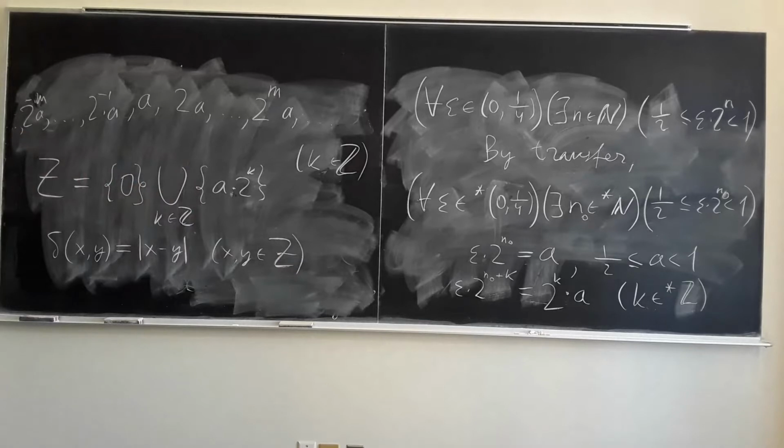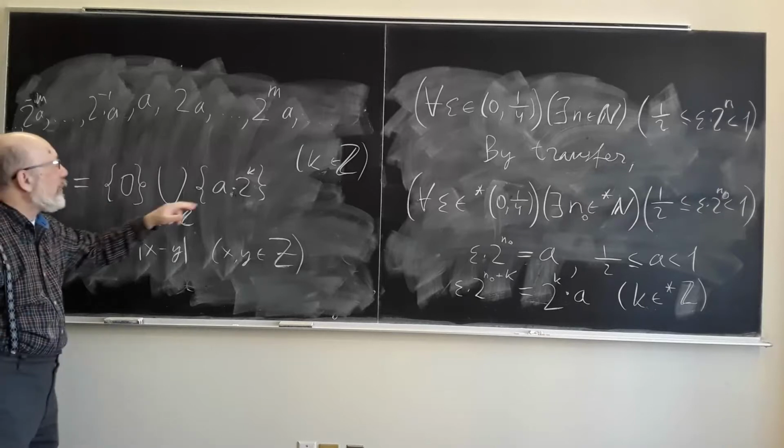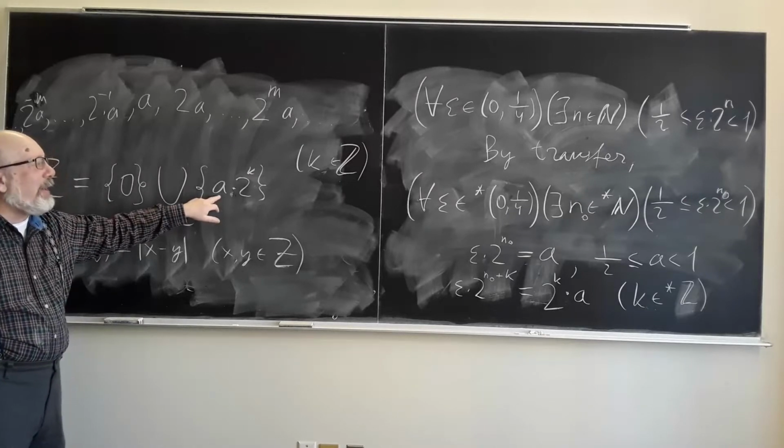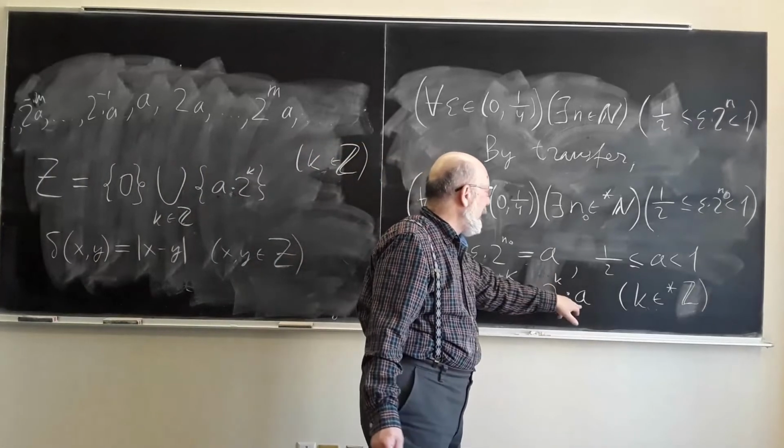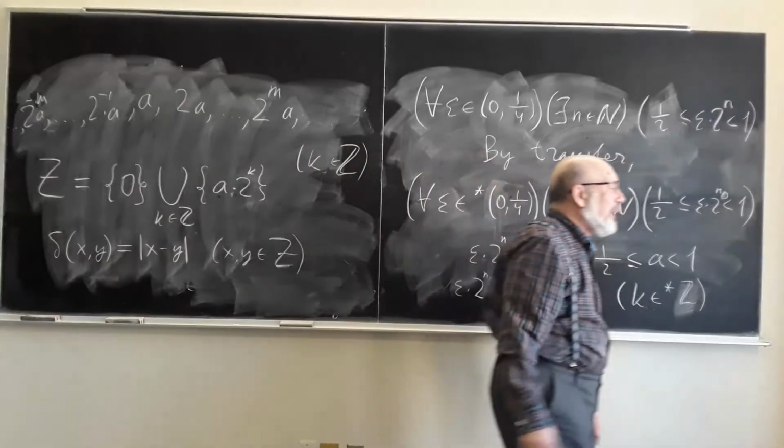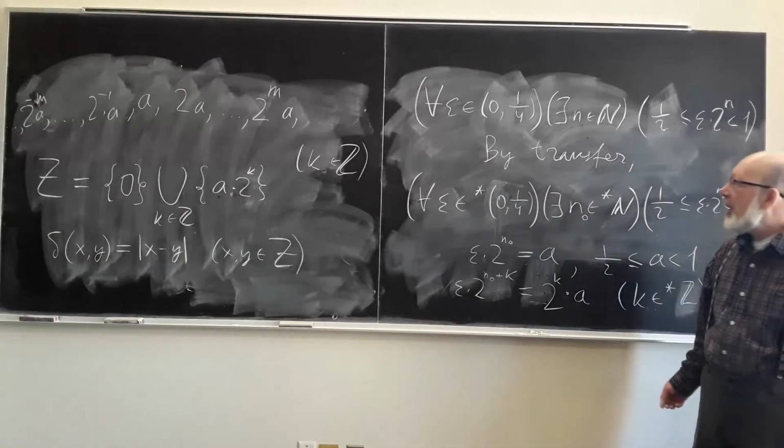So we found here the asymptotic space, and you see that this asymptotic space is not unique. Unlike previous examples, this asymptotic space depends on some a, or this is 2 to the k times a. Now this a, after all, depends on epsilon.